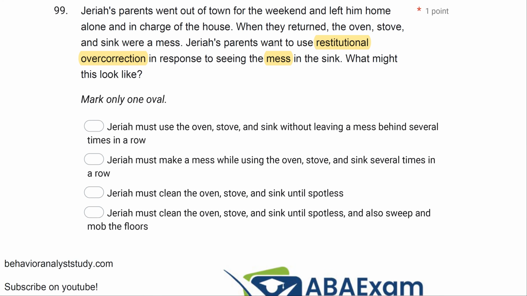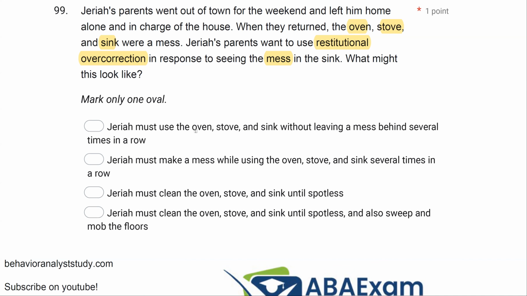Restitutional overcorrection is when the learner restores the environment to a better form than before. The oven, stove, and sink were a mess, so we're going to repair that and then restore something else as well. So that's what this is going to look like.